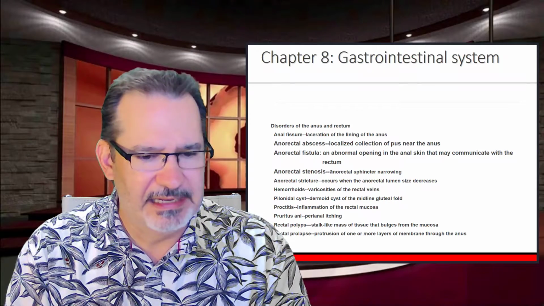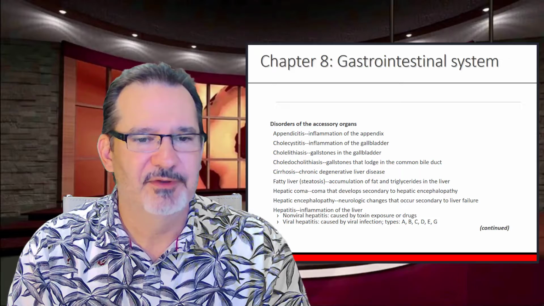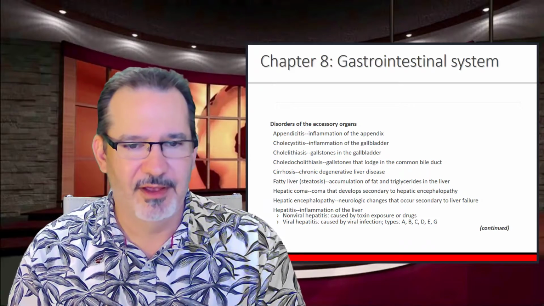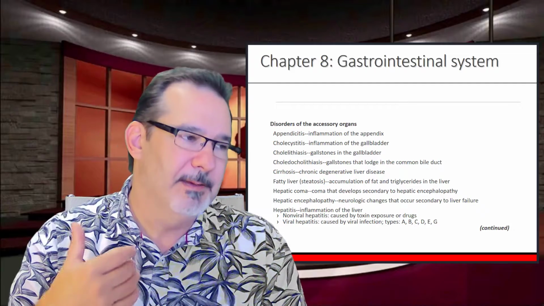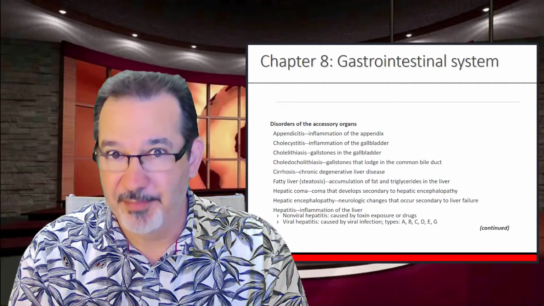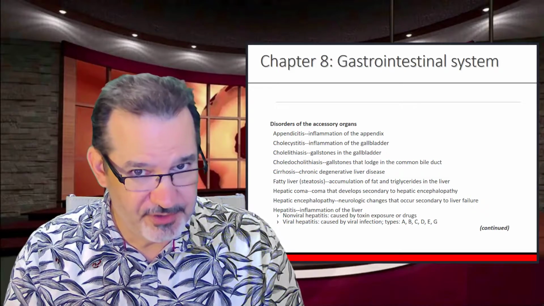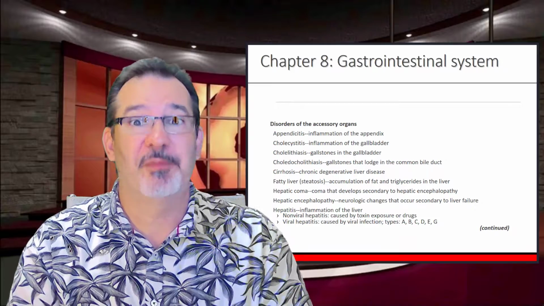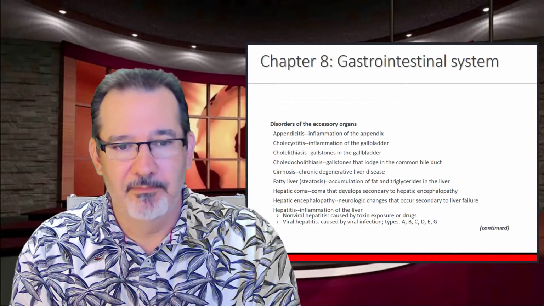Okay, let's see what else. Appendicitis, disorders of the accessory organs, appendicitis, inflammation of the appendix. Most of you guys know that a ruptured appendix is very bad. Worst case scenario, you could potentially expire from an appendicitis or a ruptured appendix.